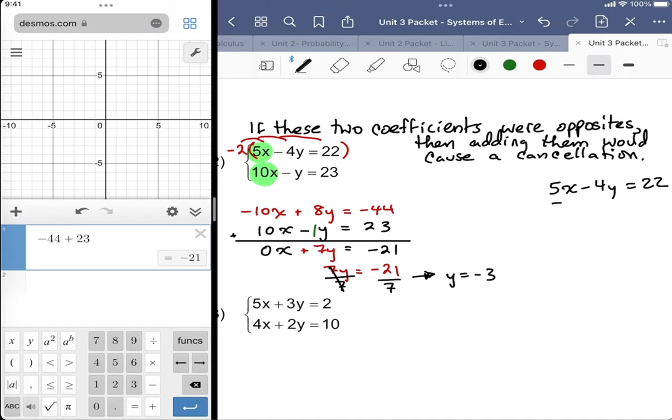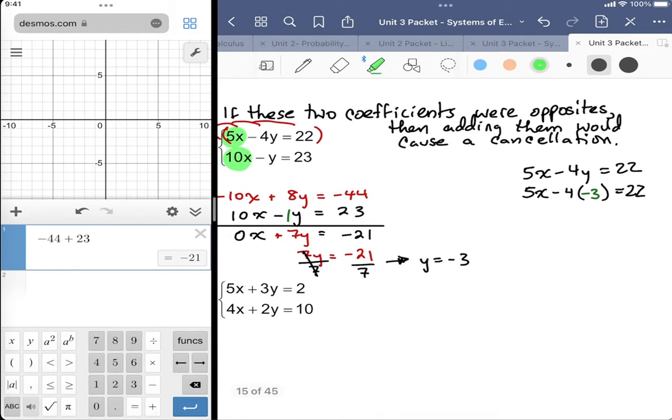So 5x minus 4 times negative 3, because that's what we discovered y is equivalent to. So 5x plus 12 is equal to 22. Properties of equality.